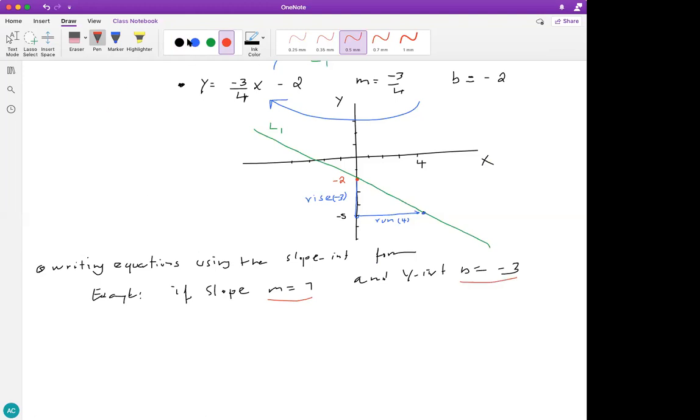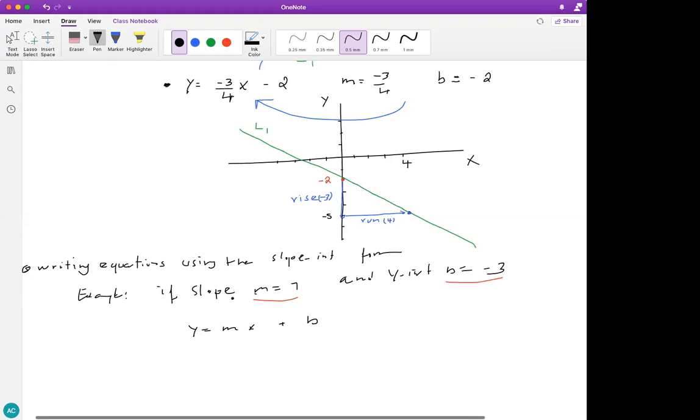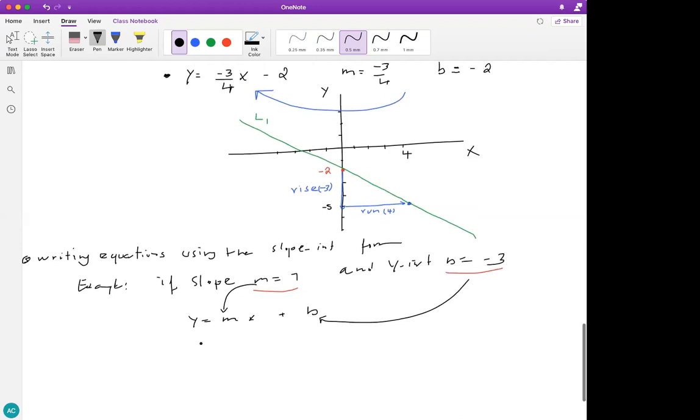So first we need to write down our equation. This is the slope intercept form. All you have to do is take the M, plug it here, take the B, plug it into this, and you'll have your equation. So Y equals what? M is 7.